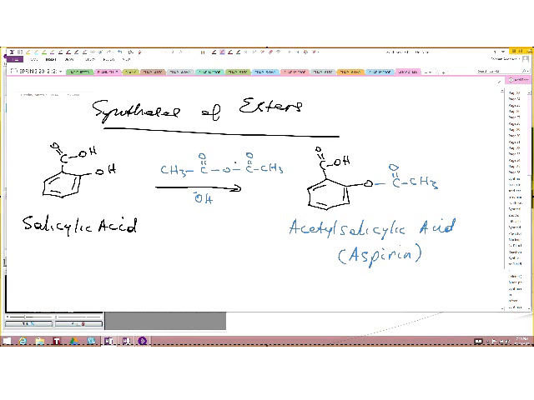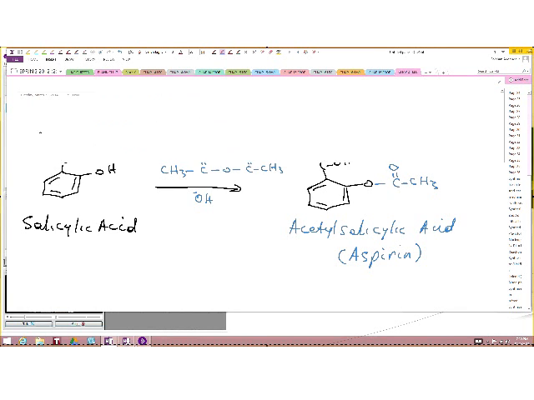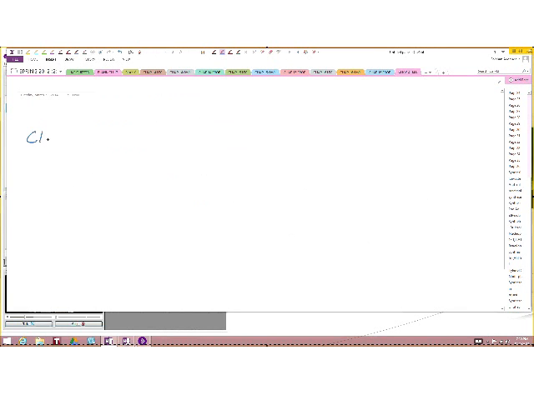So with regard to the synthesis of esters, you take an alcohol, you take an acid chloride, and you get an ester. Another way of making an ester is to do an SN2 reaction. Say for example, we have this.